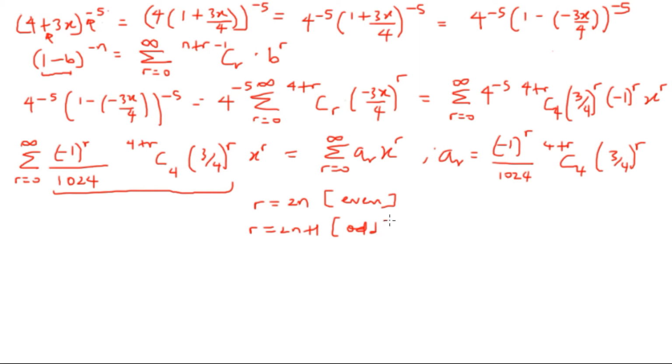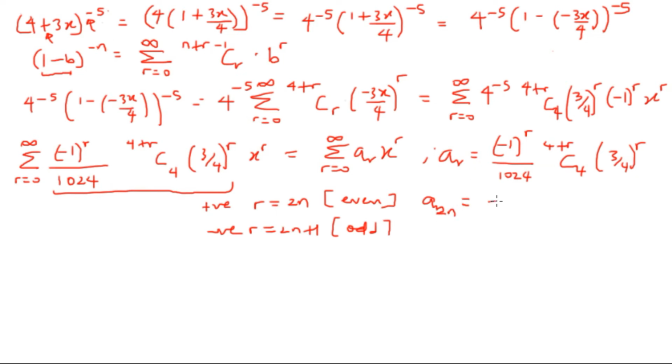So what I need to do now is to say that my r will now become 2n, since I'm only considering the even, that is the positive coefficient. So this is for positive coefficient, this is for negative coefficient. If I only want to track out the positive coefficient, my r should become 2n.